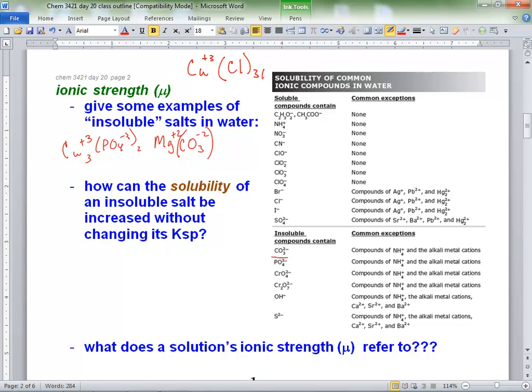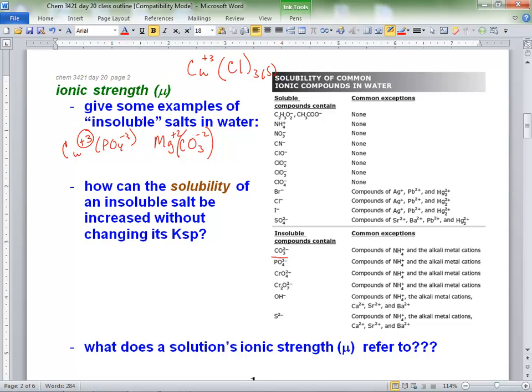I wouldn't have any copper 2 or copper 1 in solution. I'd only have copper 3. So the charge is really kind of fixed. And that charge has to go down, it's a 3, so that would have to be a 3. Simplest ratio. So you guys remember doing this stuff? Okay, a little rough. But we're not going to use the solubility rules so much anyway, but it's good that you kind of remember it.